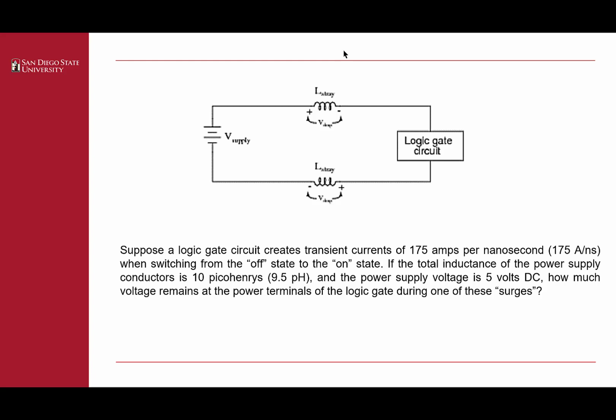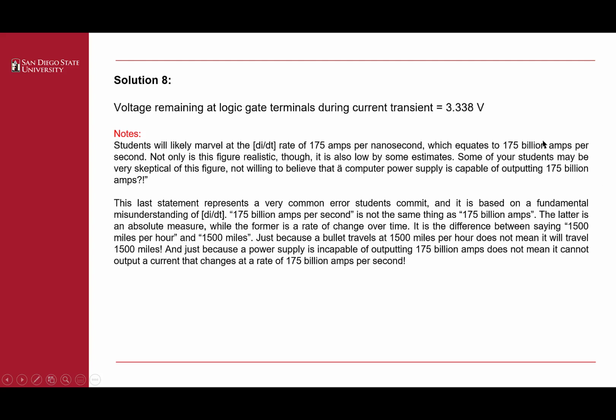So the result of this multiplication is 1.6625 volts. And if we subtract 1.6625 from the 5 volts, which is the voltage of the power supply, we will get 3.3375 volts exactly. And this is the voltage that is obtained on this logic gate circuit. And it is also why we have it here as the result.